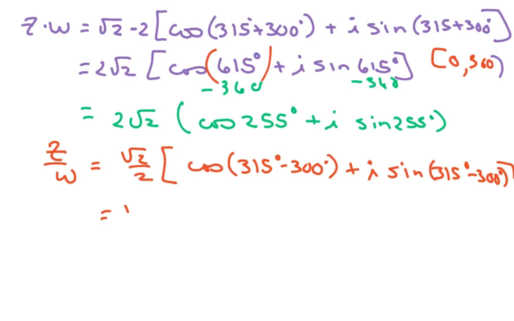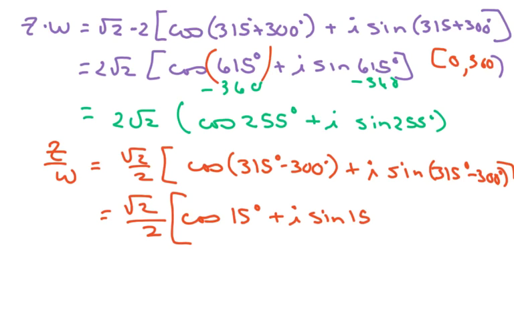So this is going to yield square root of 2 over 2 cosine of, what is this going to be? 315 minus 300 is 15 degrees plus i times sine of 15 degrees. All right, so that's it.